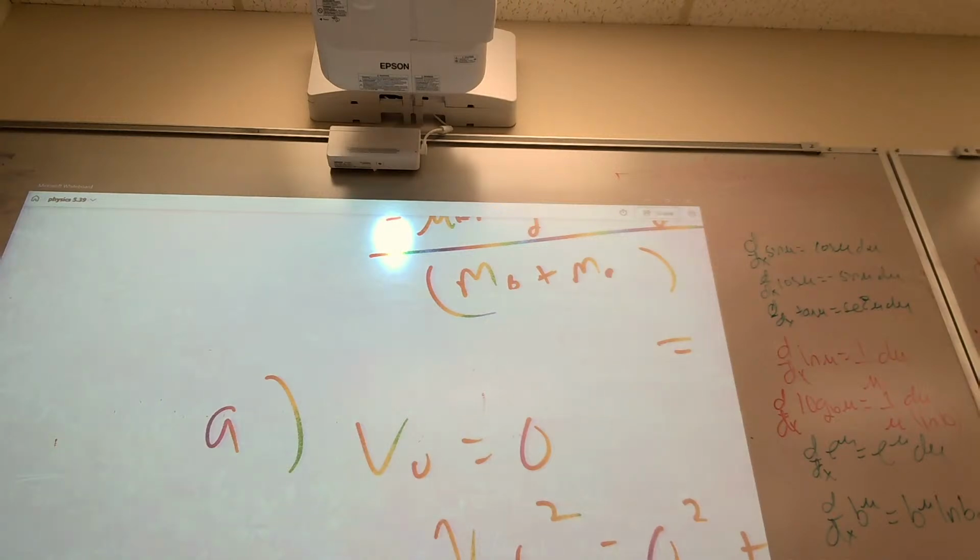So you're looking for these three pieces, and then you've got your acceleration.